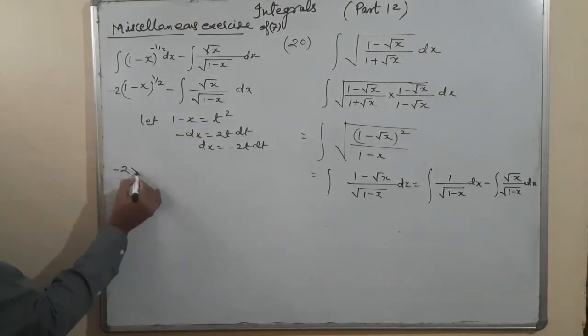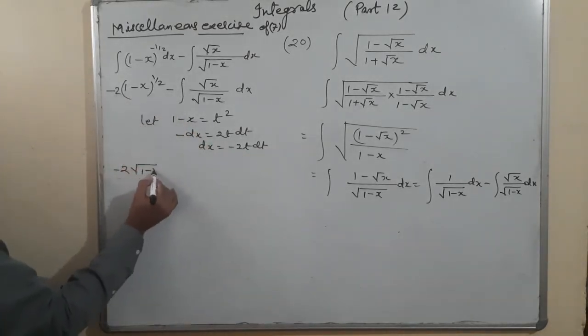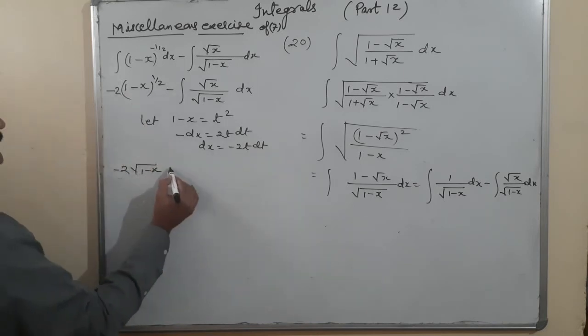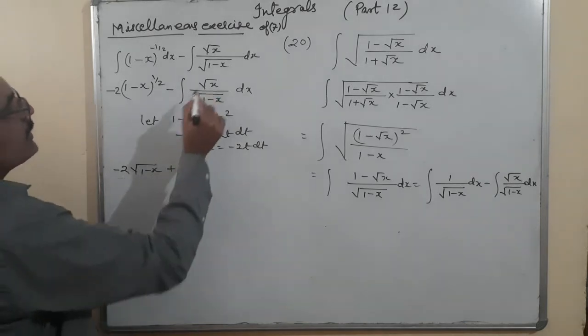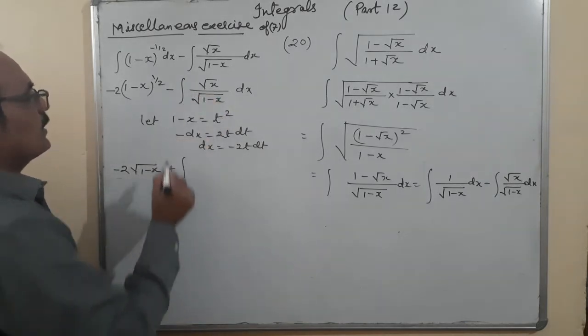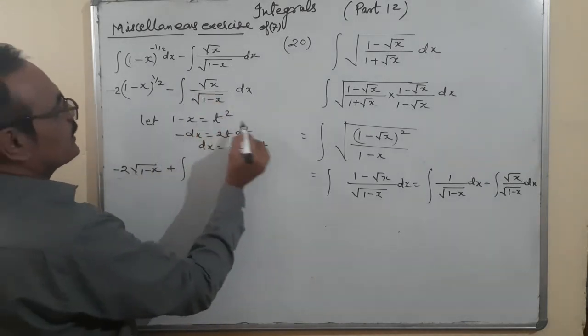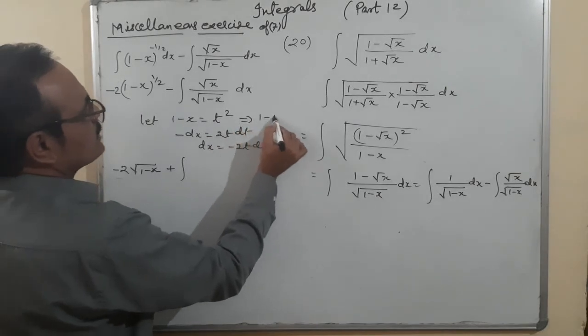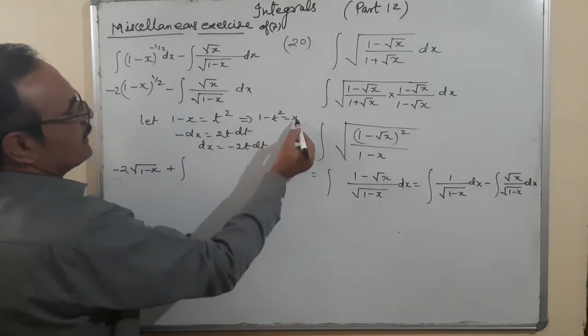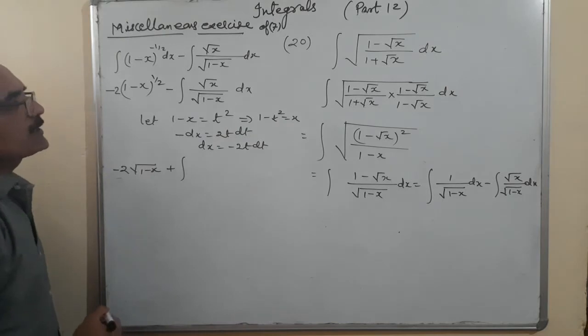Minus 2 under root 1 minus x, first part, and it is minus minus, this is plus root x, because 1 minus x is equal to t square, that means 1 minus t square is equal to x and root x is equal to under root 1 minus t square.